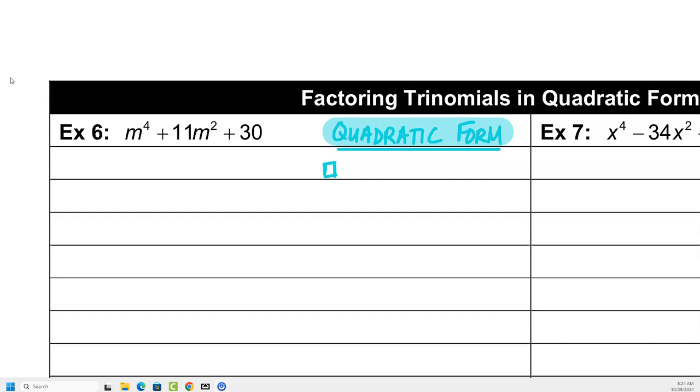So the first box is that it's a trinomial. The second is that there has to be a constant.